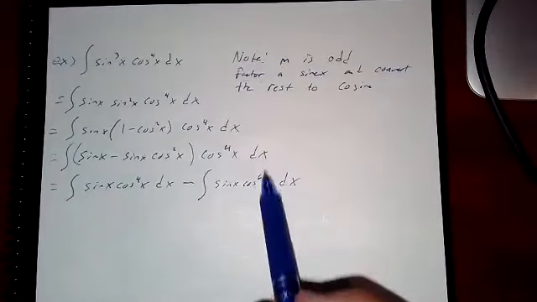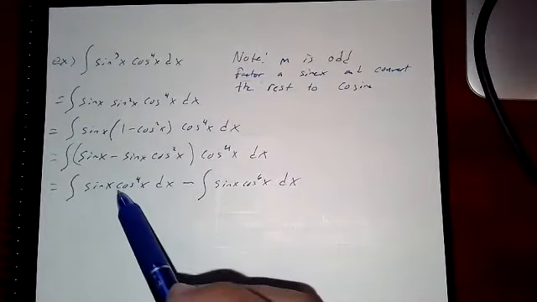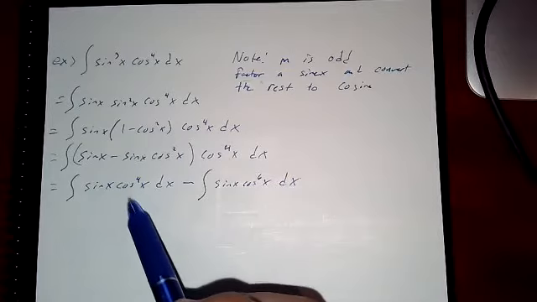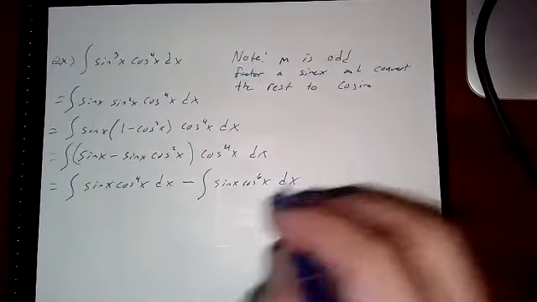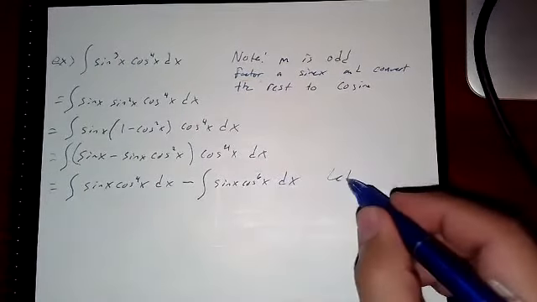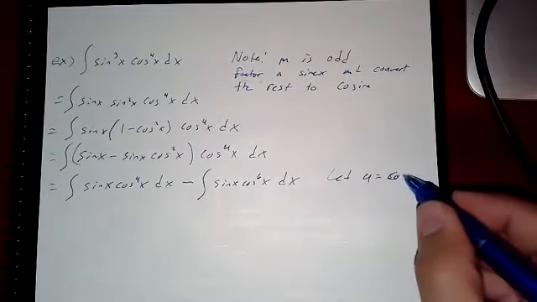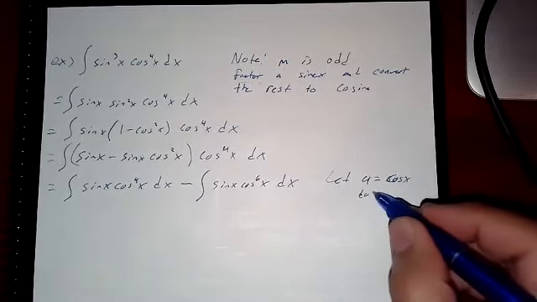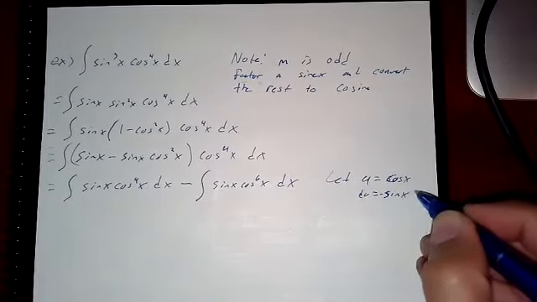So notice we can separate and create two separate integrals, right? This right here is a simple u sub, and so is this one. For both of them, you let u equal cosine, and du will equal negative sine x dx.